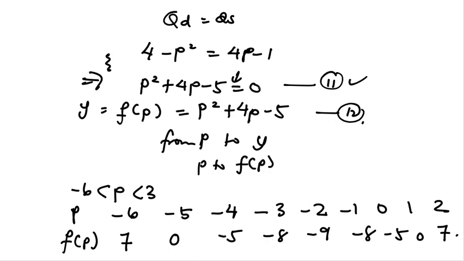Here we have restricted f(P) to equal 0. That means not all P that we have calculated here can satisfy 11. There will be only specific P values that can satisfy f(P) equals 0, or 11. This one is f(P) also, but we make it specific, equals 0.